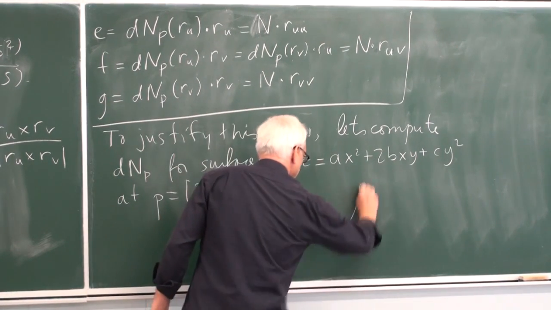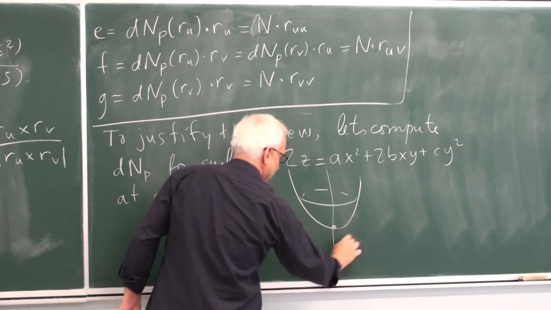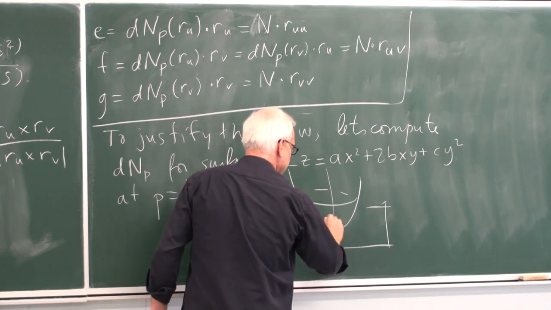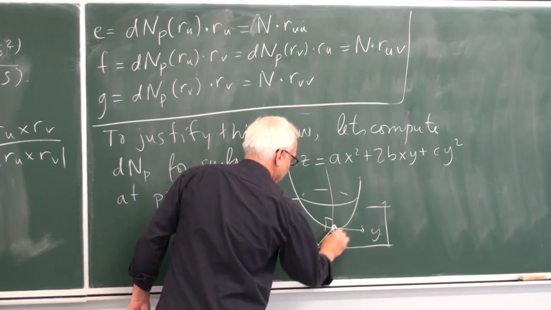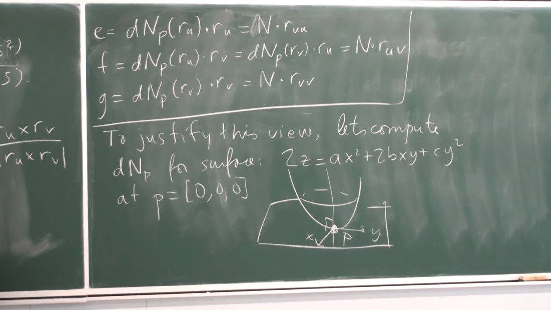So we're going to take our favorite object, a normal paraboloid with axis perpendicular to the xy plane. We're going to look at everything at the point P, which is the origin. I want to see what this normal map does.